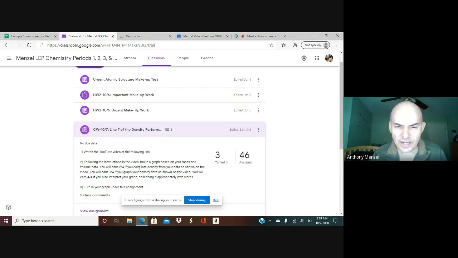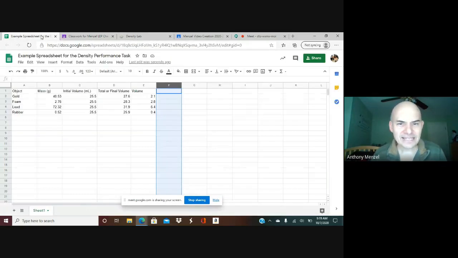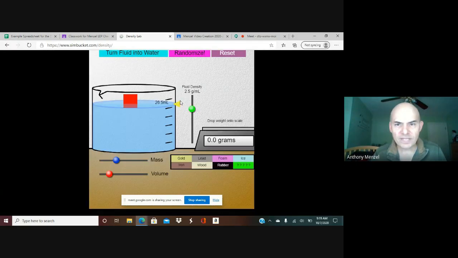And to get a 2 out of 4, you need to calculate density from your data as shown in this video. So if we go to my example spreadsheet, some of you may have more lines in your data table because you did more objects. I'm just going to do these 4 as an example. If we go back to SimBucket, we see that density has units of grams per milliliter.